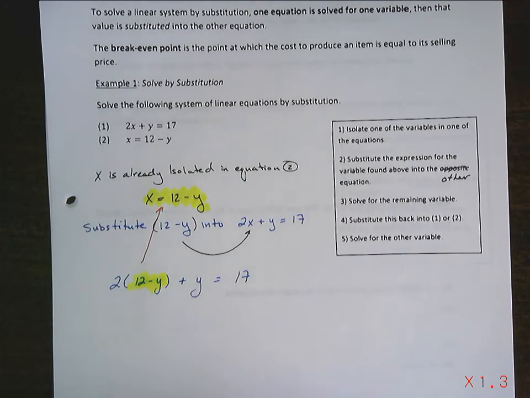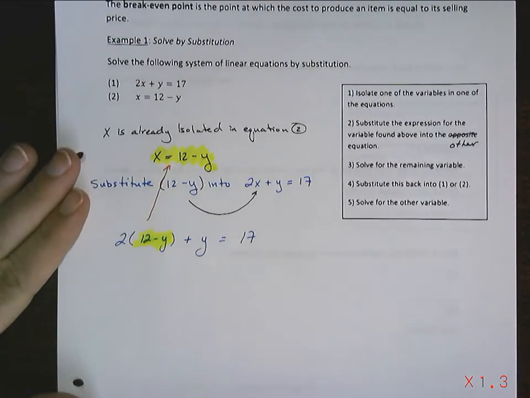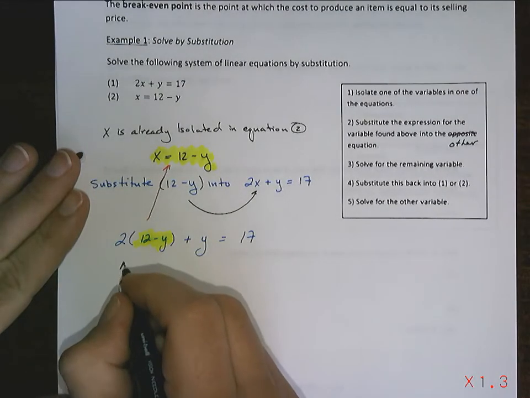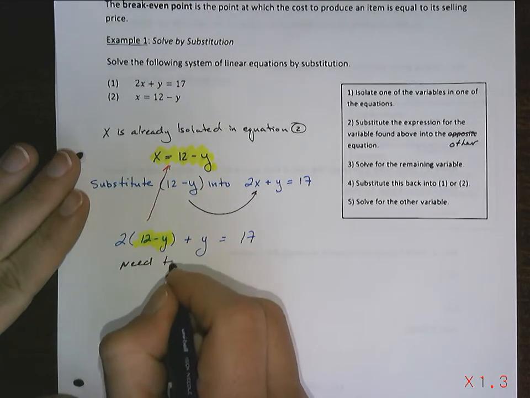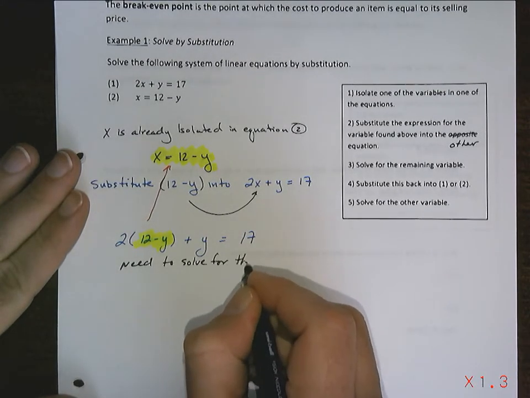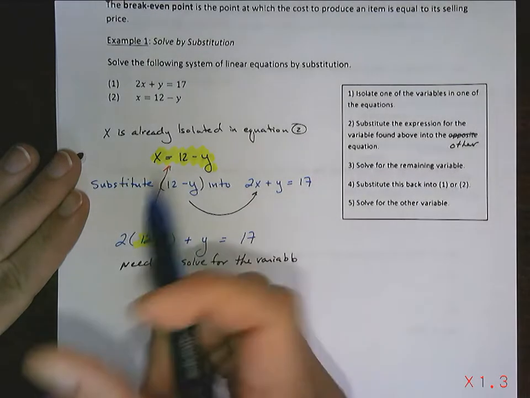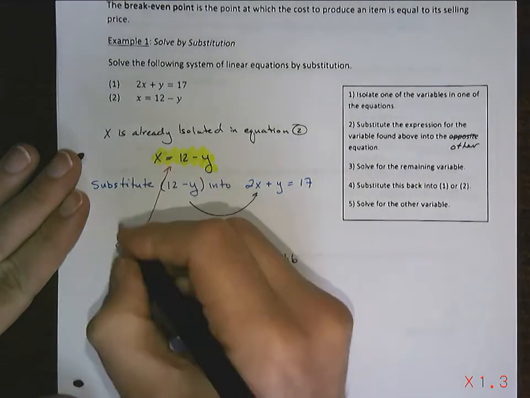So, now you've got a question like we were doing with our equations. We need to solve for y. So, what we do, we need to solve for the variable. So that means I'm going to take the 2 and I'm going to expand it.